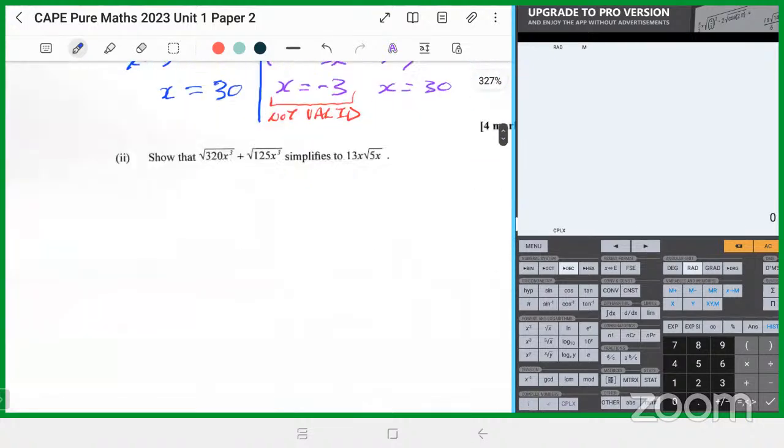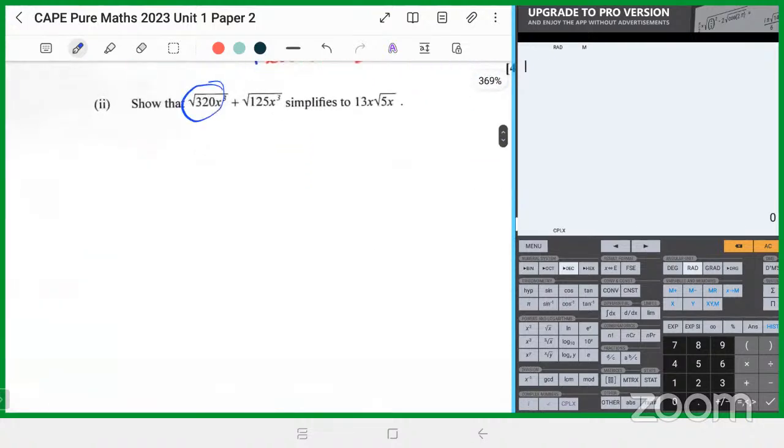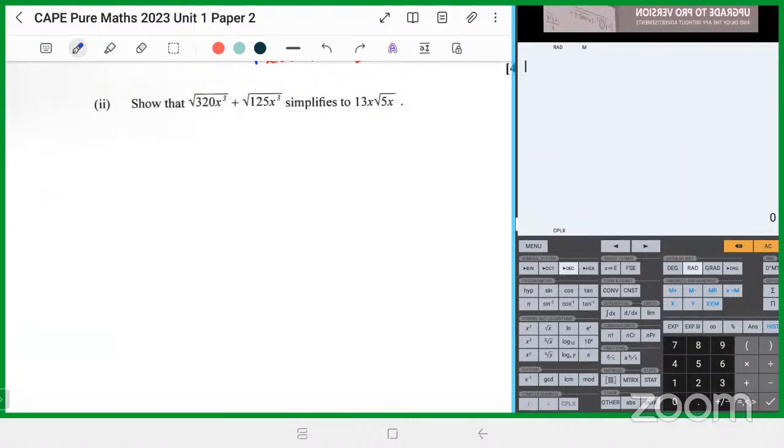All right, this one says to show that this thing equals that. So basically this is us simplifying this expression, right? And that's a square root thing. So I have this, and we're going to look for some perfect squares in it. So the left-hand side, and watch this, I see this root 5x here under here, so I'm going to work with it. I'm going to factorize the root 5x out of each of these.